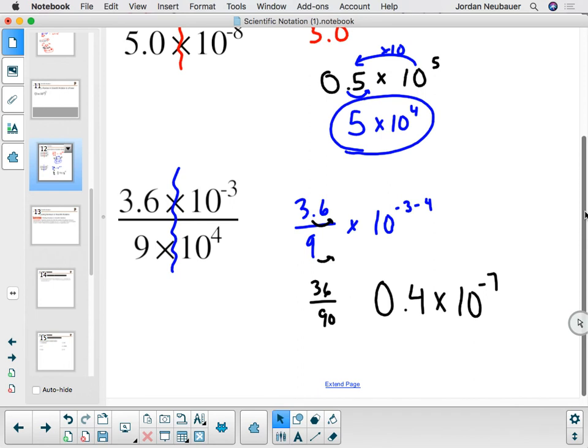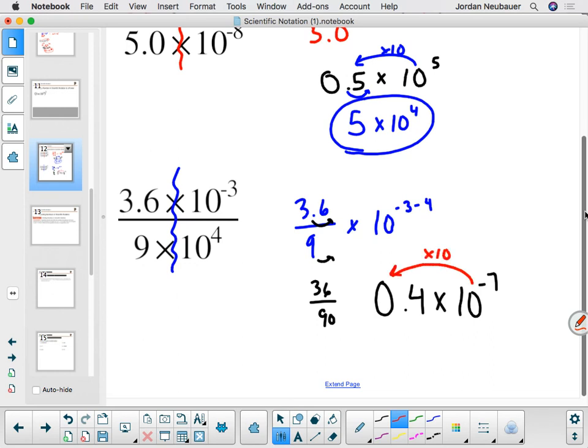So again, we're in a situation where our base is too small, so we have to take a factor. That will make this 4 multiplied by 10 to the 1 less than negative 7th power. Think in your head now, what's 1 less than negative 7? That would be negative 8th power.